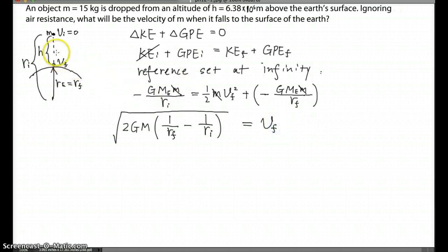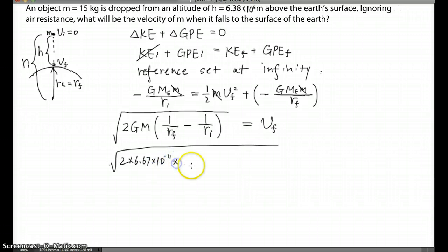Okay, so then we just plug in everything and do the calculation. We plug in 2 times 6.67 times 10 to the negative 11 times 5.98 times 10 to the 24. That's the mass. And then 1 over the R final, which is actually the Earth's radius.